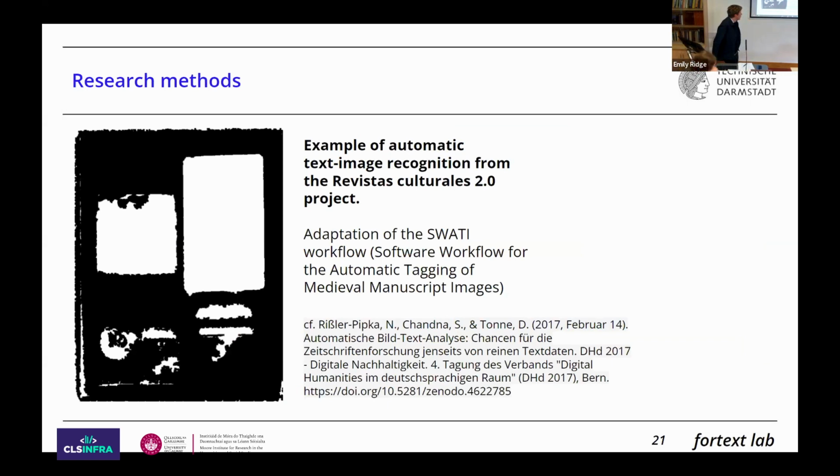It's a special workflow implemented with Python and with this software workflow for automatic tagging of medieval manuscript images. It doesn't work yet, because there are some differences between this project and my project, so I have to adapt it, and it's not as easy as I thought it is.